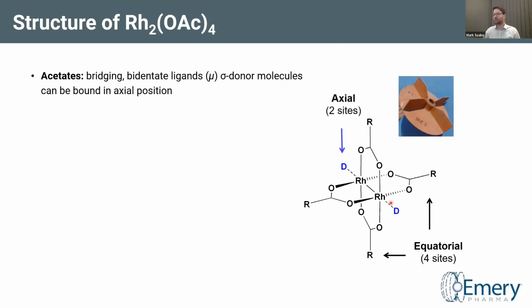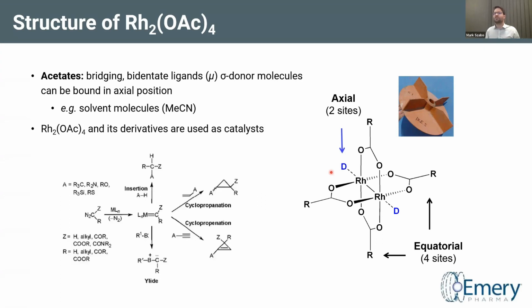And there are these so-called axial sites, where certain molecules, mostly solvent molecules, can coordinate to the rhodium core. In our case, the solvent was always acetonitrile. And why are these molecules interesting? Because they can be used as catalysts in several organic syntheses, for example cyclopropanation.